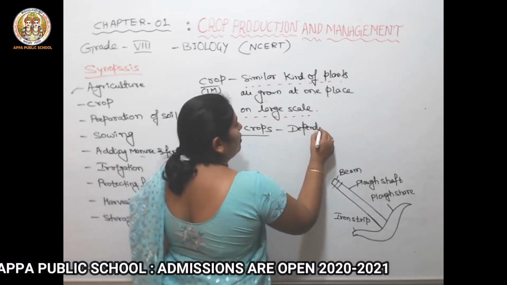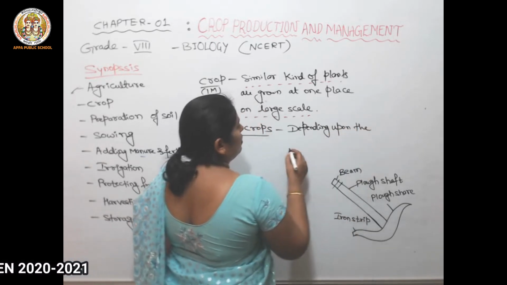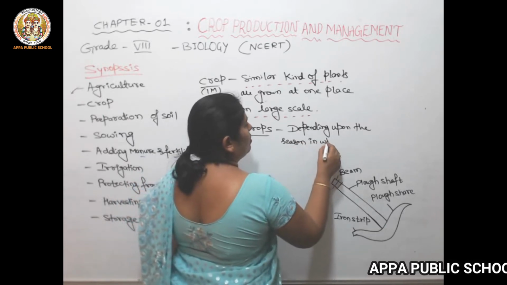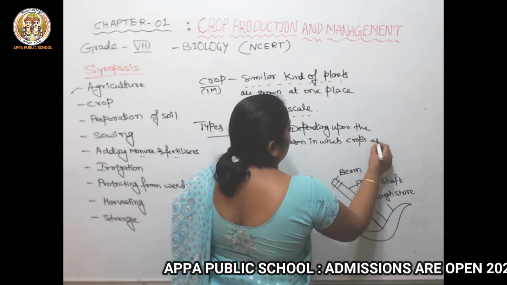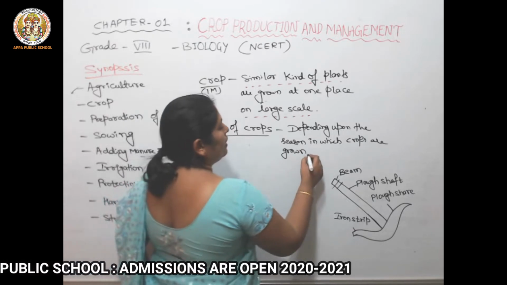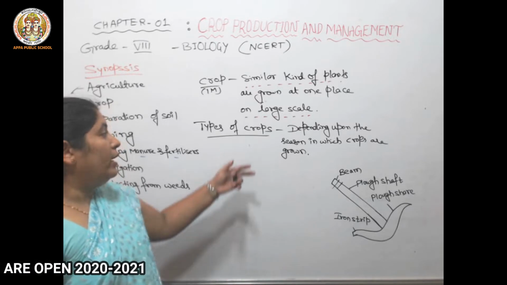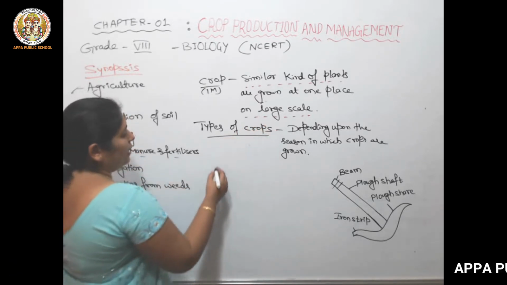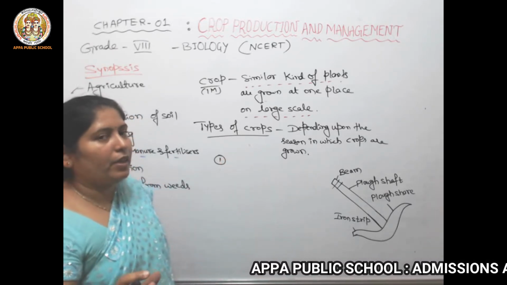Depending upon the season in which crops are grown, they are classified into two types.